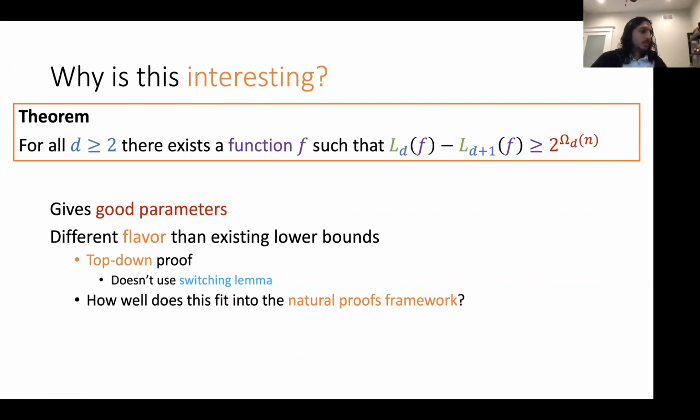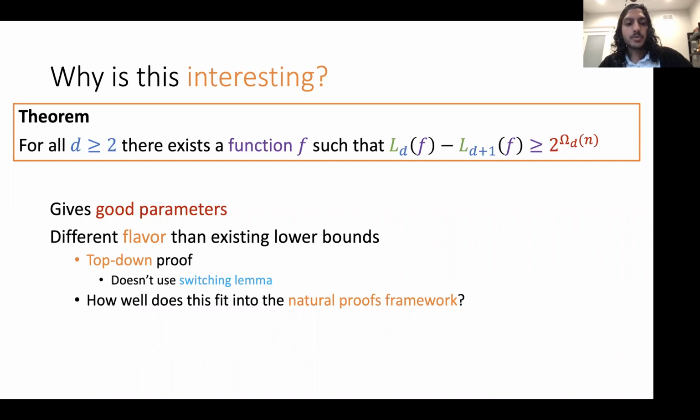And there's some intriguing sense where this lower bound technique doesn't really fit into the huge barrier against proving circuit lower bounds related to the natural proofs framework. So I think that's what makes it interesting. If you're interested in how exactly this doesn't fit into the natural proofs framework, I have a bonus slide on that, so you can ask about it. But yeah, that's why I think this result is interesting.